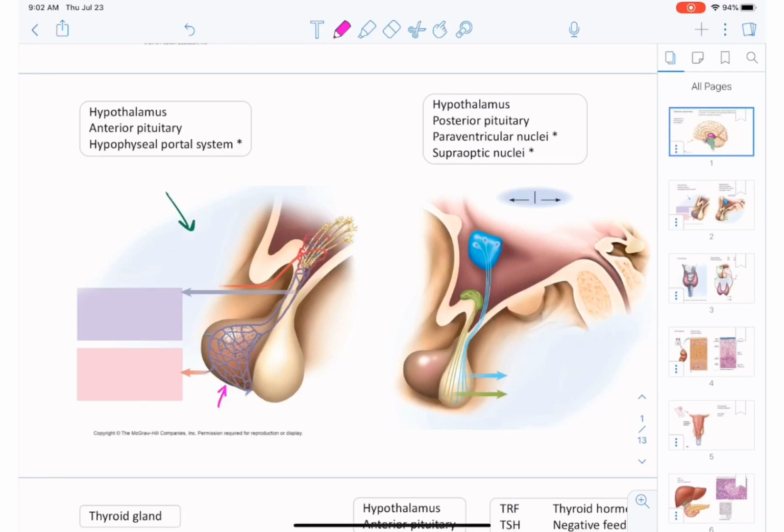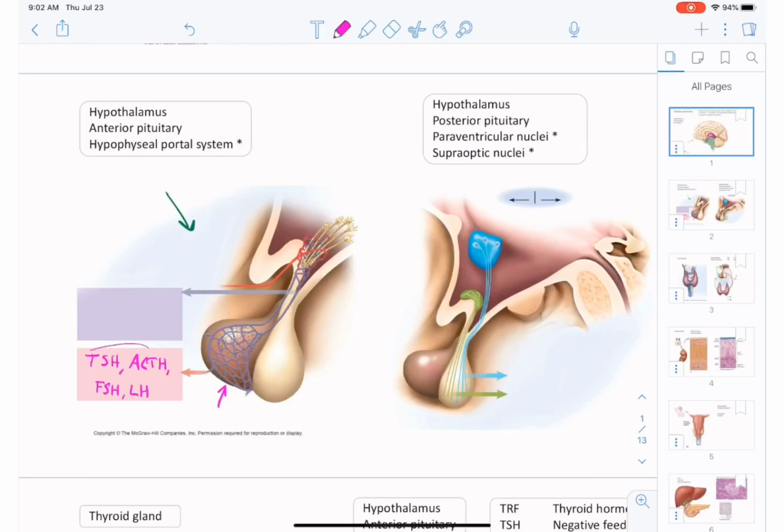For instance, the anterior pituitary is going to release TSH, which is going to stimulate the thyroid gland. It's going to release ACTH, which is going to stimulate the adrenal gland. It's going to release FSH, follicle stimulating hormone, and LH, luteinizing hormone, which are going to act on the ovaries and the testes.